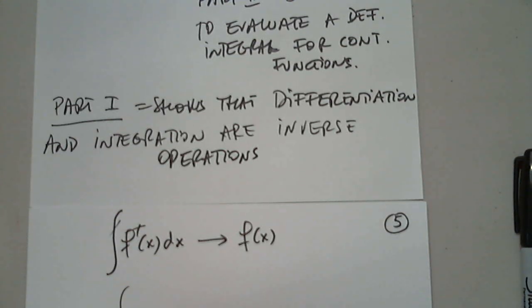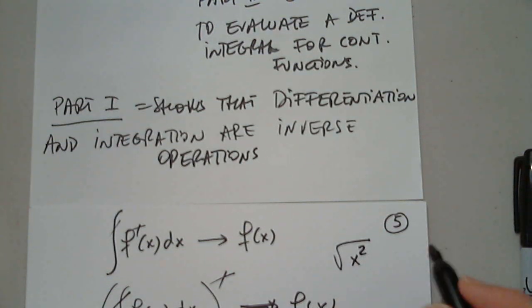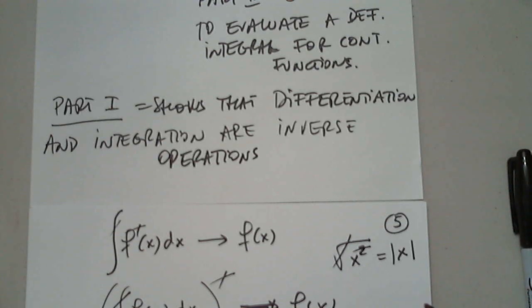Now, if I have an integral and I differentiate the integral, I also get the function back because this operation cancels this operation. It's like when we take the square root from x squared. Well, there are some issues there because we get the absolute value of x and so on and so forth. But this operation cancels this operation or vice versa.